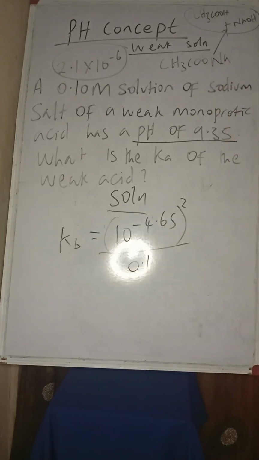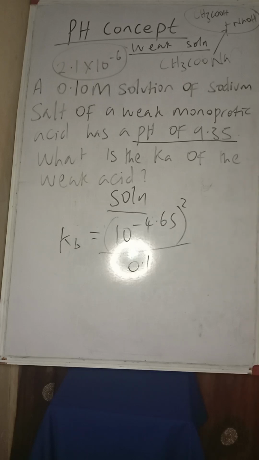So quickly, what will be my Kb? Let me use my calculator. 10 raised to the power minus 4.65 gives 2.2 times 10 raised to the power minus 5.